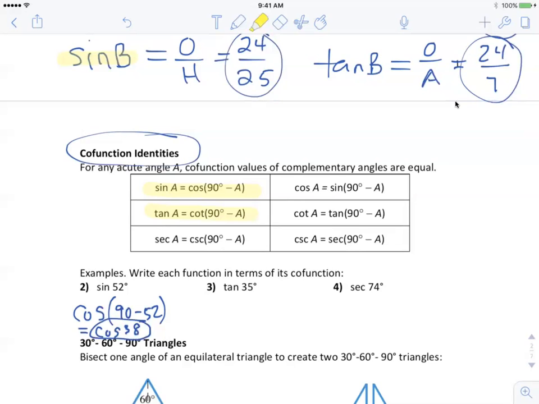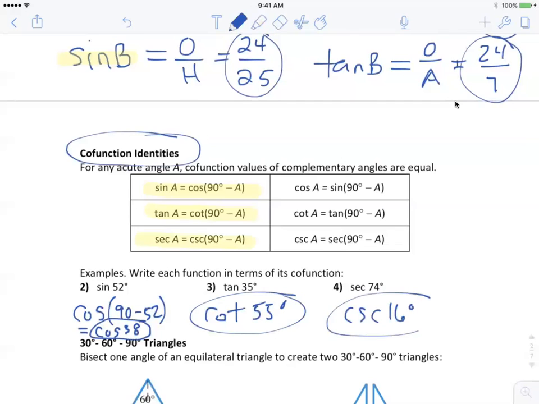So tangent, I would do cotangent, and I just have to find the complement of 35, which I can do in my head real quick. 55, cotangent 55, right? The last one, the cofunction for secant is cosecant. So secant, I would write cosecant and then find the complement of 74, which is 16. And there we have it.